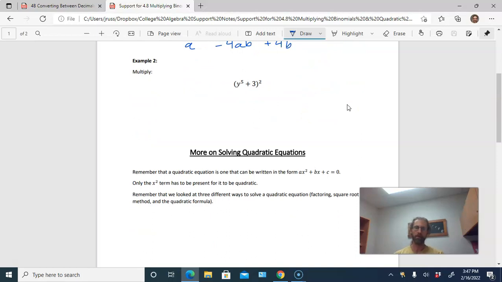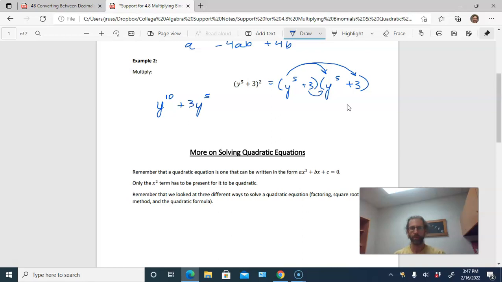And then example 2 is very similar. We have another binomial here, and it's squared. So we'll write it out twice and multiply again. Okay, so y to the fifth times y to the fifth. Remember, add those exponents, so you're going to get y to the 10th. And then, y to the fifth times 3 will be 3y to the fifth.